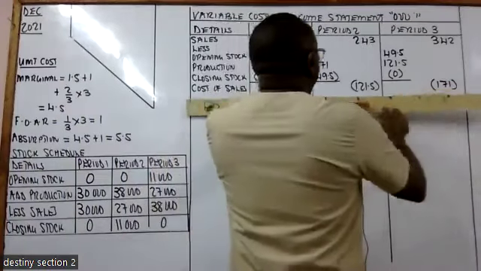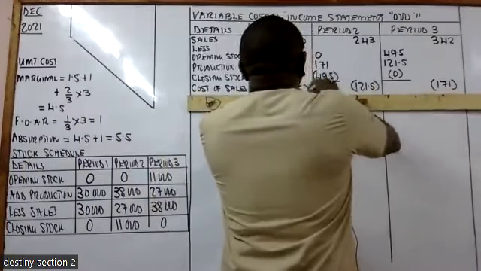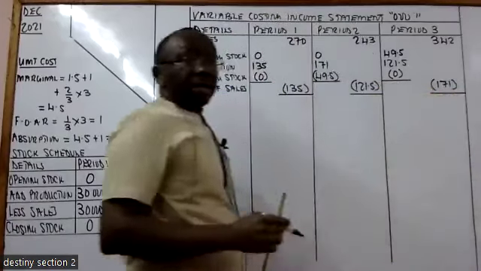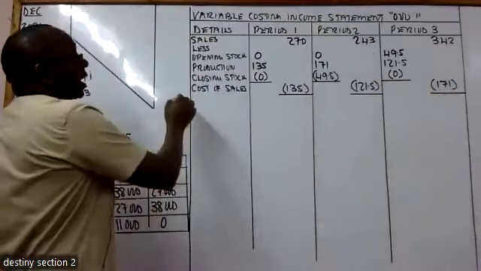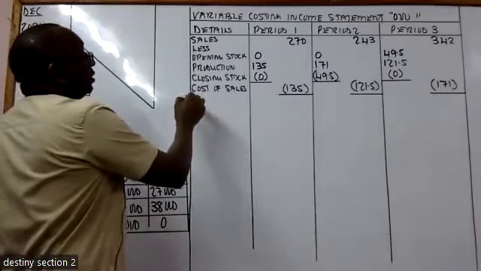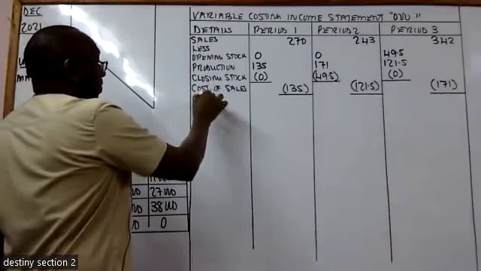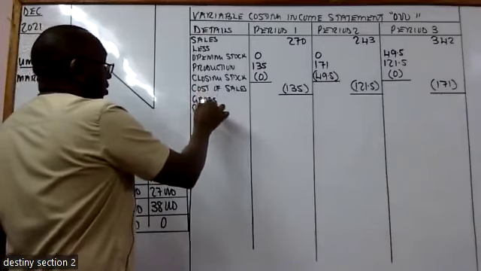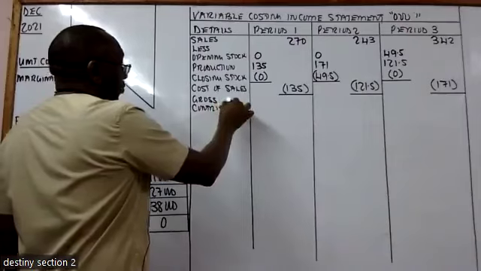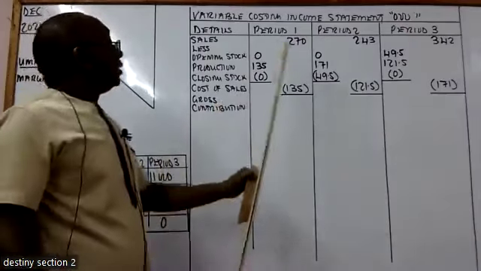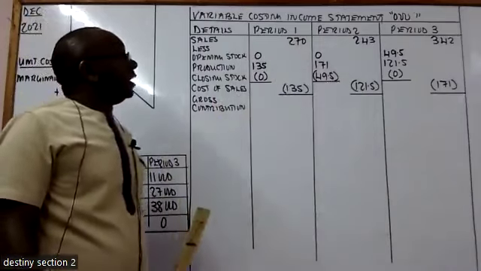So with that now, we are able to come here and say that our gross profit, not gross profit, it is the gross contribution. Gross contribution. In the first case, 270 minus 135.